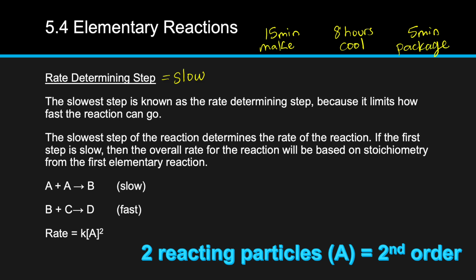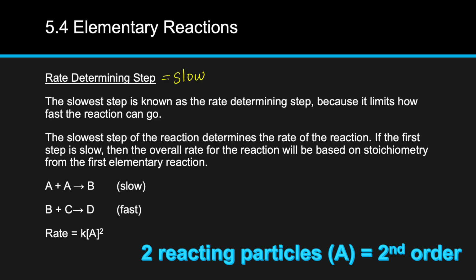The step that is limiting you the most when you're making this chocolate is going to be your cooling time, which is 8 hours. Speeding up the production of it or speeding up the packaging is not actually going to significantly change how quickly the process goes because cooling it takes so long in that process. That is exactly what we're talking about in this rate determining step.